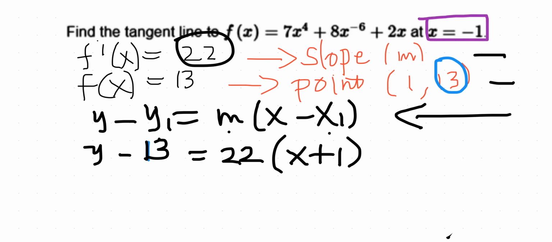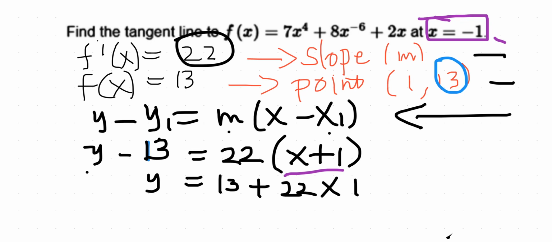So if you put back this into its original form, it is plus 1. When you solve this, it will give you a -1. So putting that in the form, it will become a plus 1. I hope that's clear. So now what we do is isolate y. We transpose 13, so we'll get 13 plus 22 x plus 1.